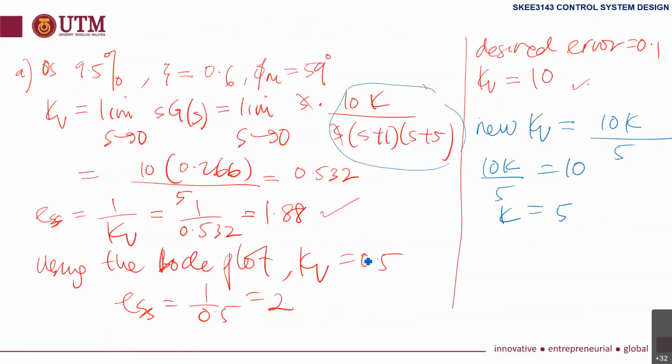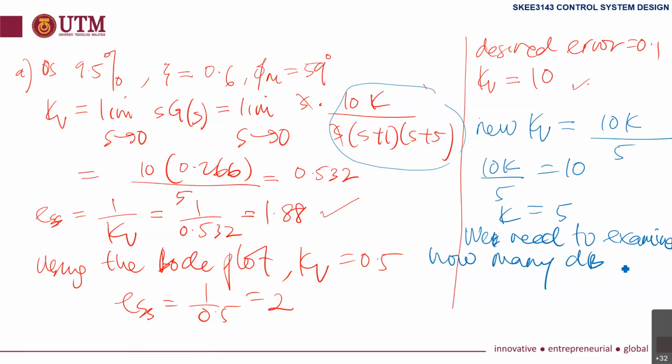So we need to examine how many dB, how much gain is shifted with K equal to 5. We know that when we change K, everything will be shifted up or down. In this case, because we use a higher value of K, it will be shifted up.